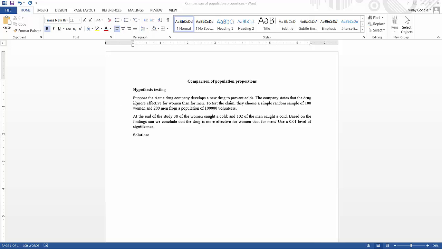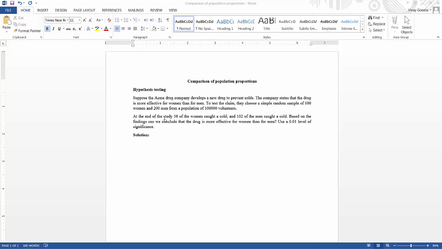Here is our problem. Suppose the Acme Drug Company develops a new drug to prevent colds. The company states that the drug is more effective for women than for men. To test the claim, they choose a simple random sample of 100 women and 200 men from a population of 100,000 volunteers.